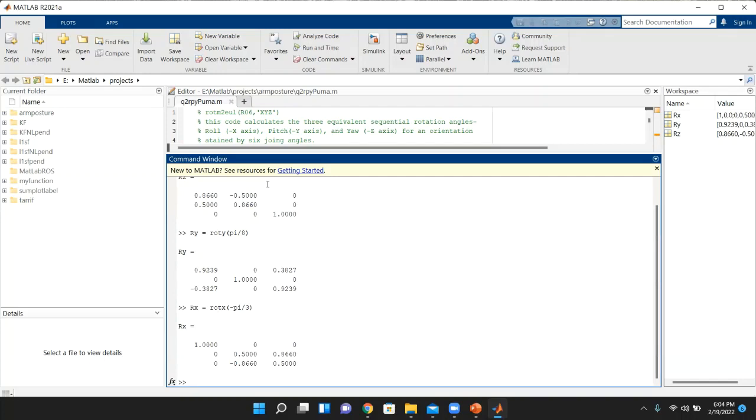So once you have all these three angles, if you want to find out ABR, or ARB, whatever way you want to call it, that is the rotation matrix of B with respect to A. All you need to do is multiply RZ, then RY, then Rx. So this is the result you get.